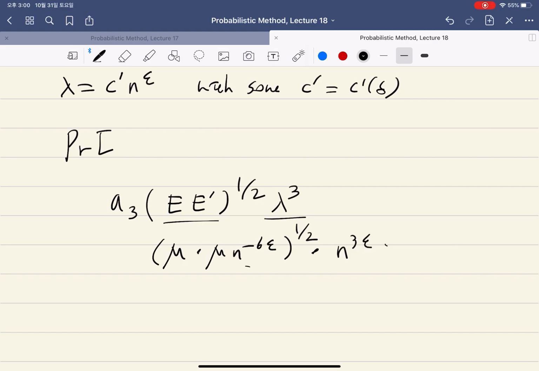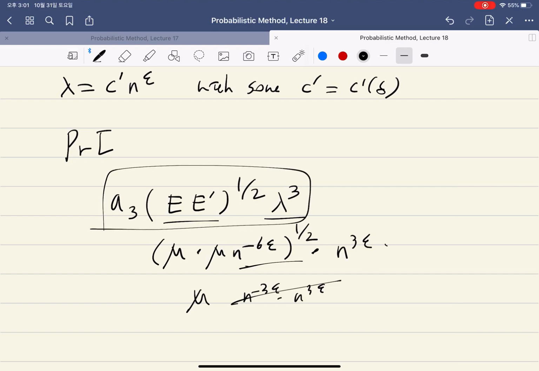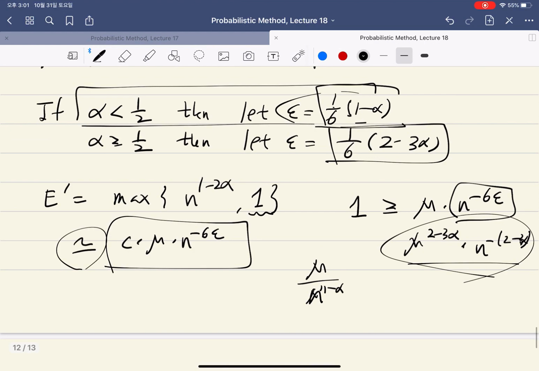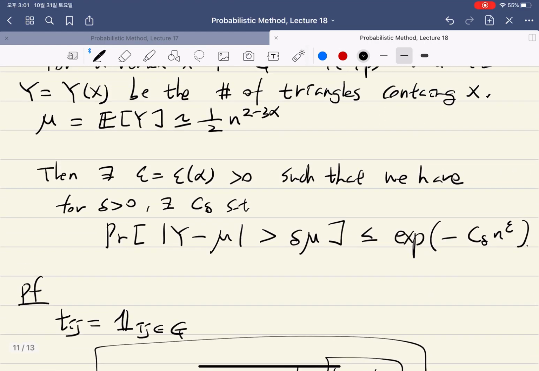Then this is mu, and this is n to the minus 3 epsilon, n to the 3 epsilon, so this term goes away. So this is more or less mu, but we have this C prime. And for the C prime term, you just take the correct C prime so that the remaining constant multiplies to this delta.